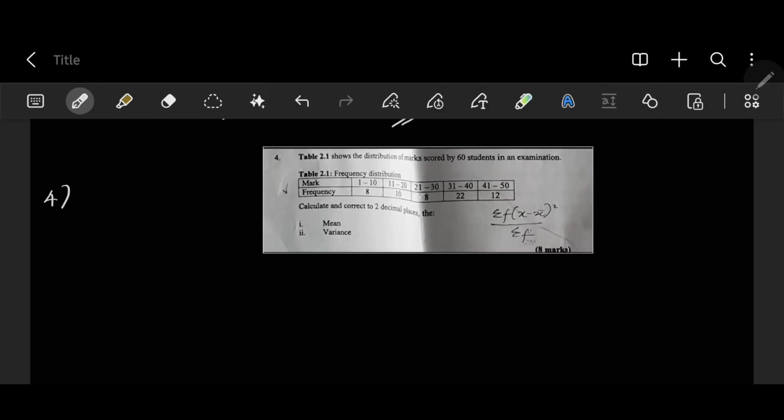So we're going to create a table. For A, that's just number 4, so you create the table.